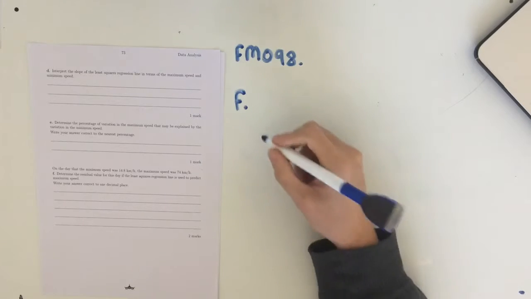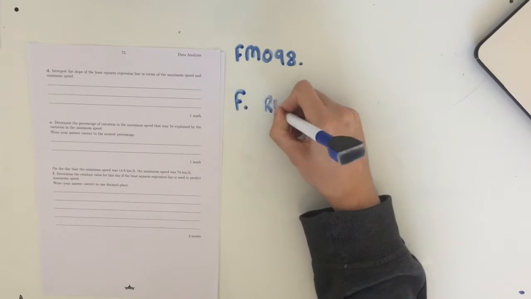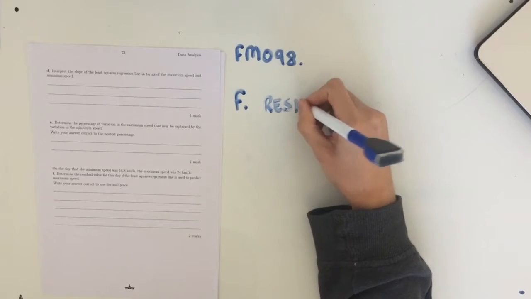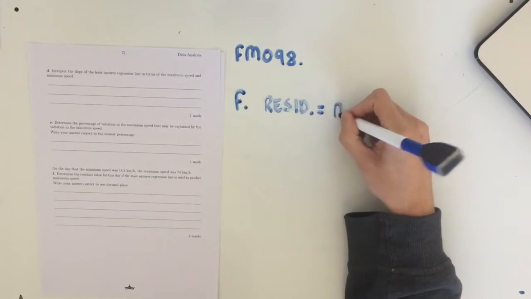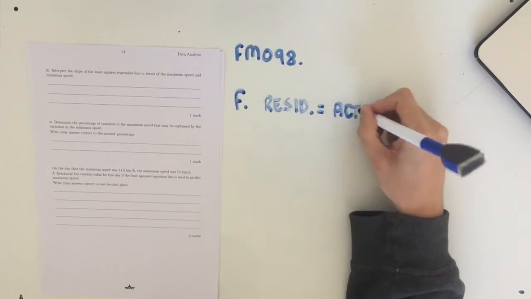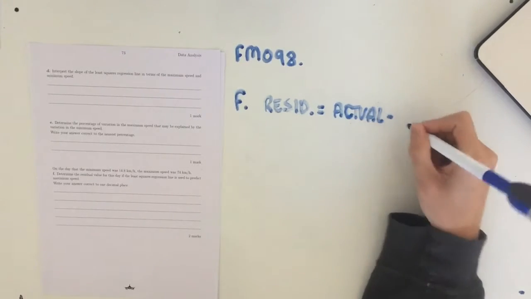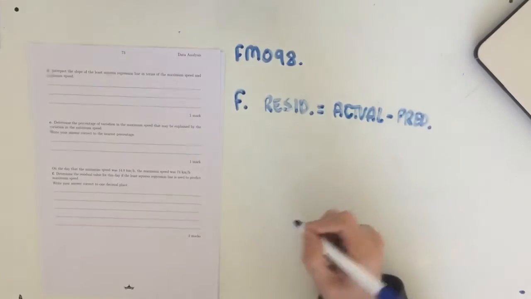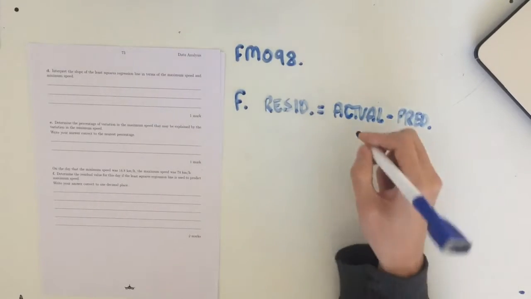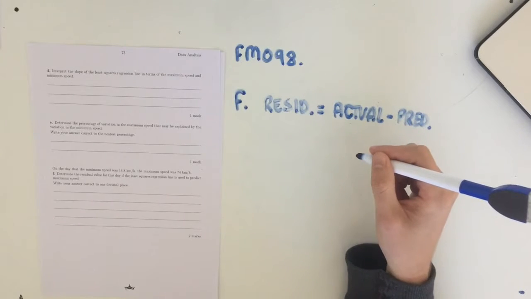So of course, guys, we're going to be using the residual value equation. So I'm just going to abbreviate there. So that's equal to actual value minus predicted.